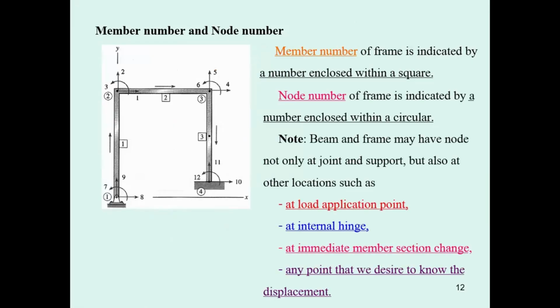And one more thing, when we talk about the nodes, we talk about the support, the rigid joint. Mainly, it's going to be something like this. But actually, if you have a structure, for example, let me talk about a beam with different moments of inertia.